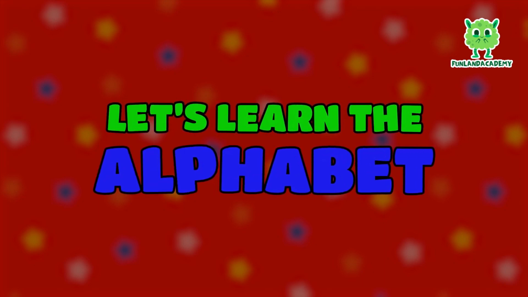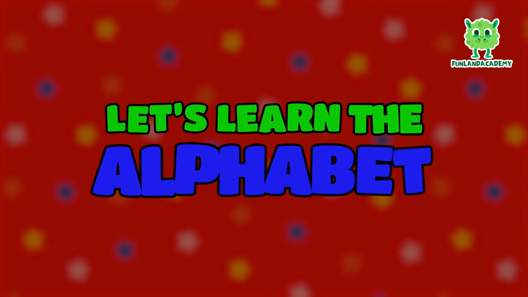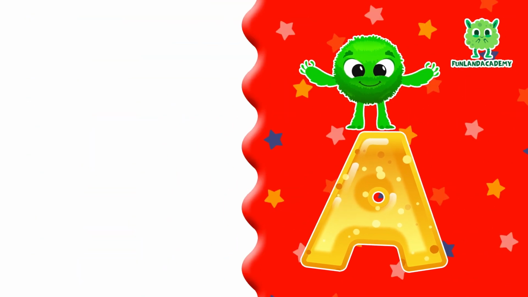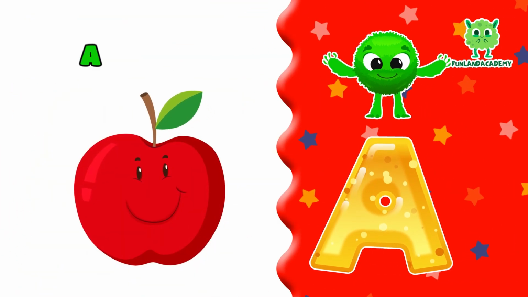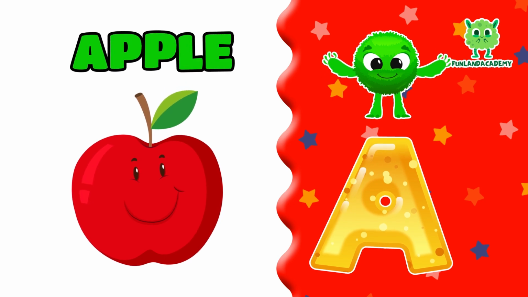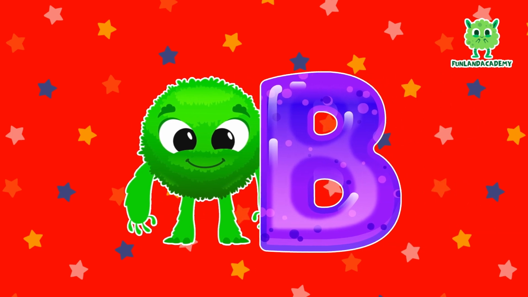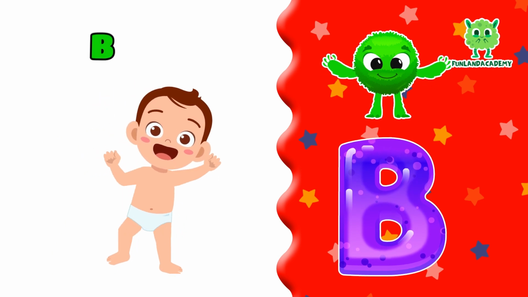Let's learn the alphabet. A. A is for apple. B. B is for baby.